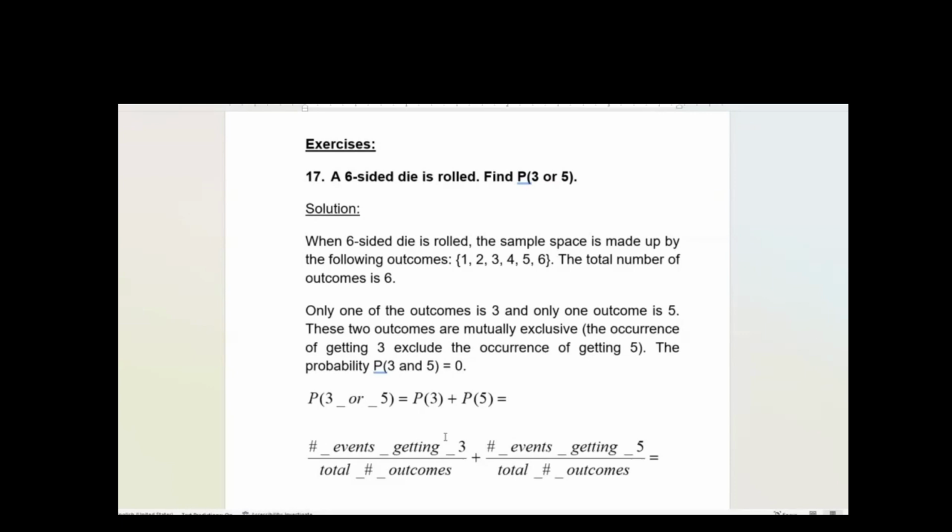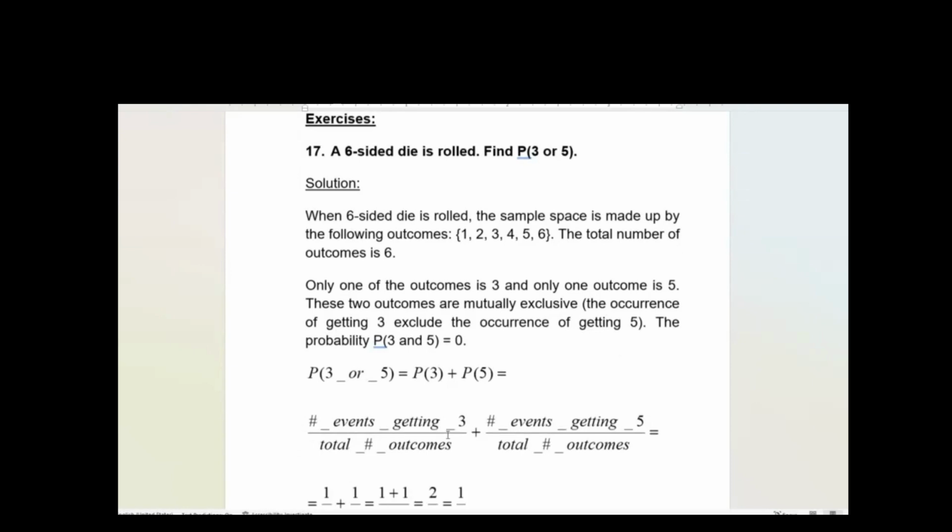Because the events are mutually exclusive, or disjoint events, the outcome cannot be both at the same time. Rolling the die and getting 3 excludes the possibility of getting 5. They are mutually exclusive, so the probability of 3 and 5 is 0. So the probability of 3 or 5 is equal to the probability of 3 plus the probability of 5.